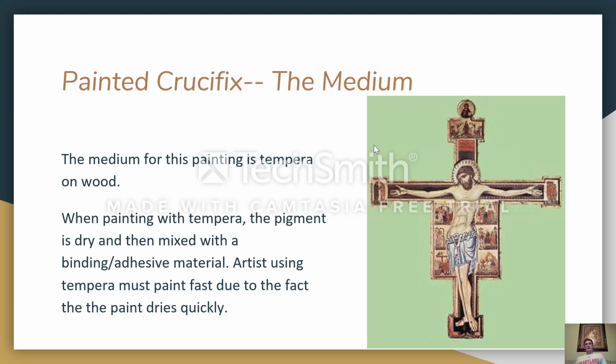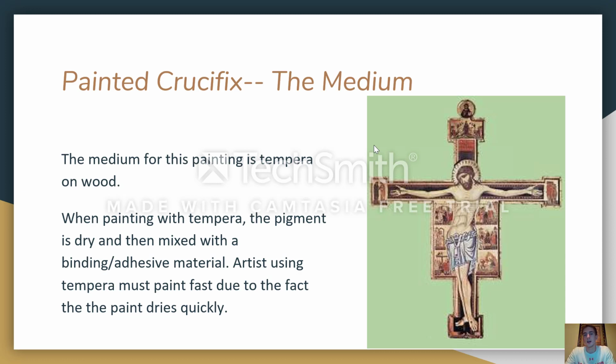So the Painted Crucifix. The medium was tempera paint on wood, and if you didn't know, tempera paint dries very fast. Therefore, the artist has to be very intentional with the brush strokes and precise with their painting. I feel like in this painting, pretty much this whole painting, you had to be precise.